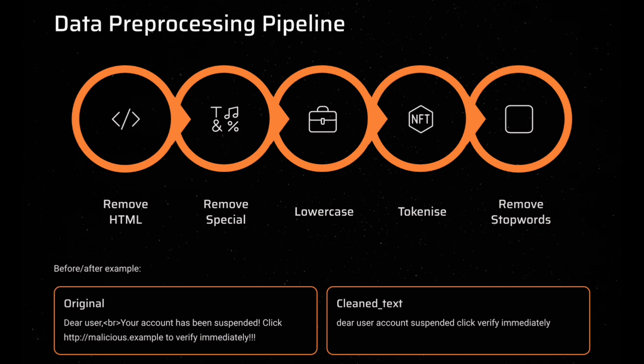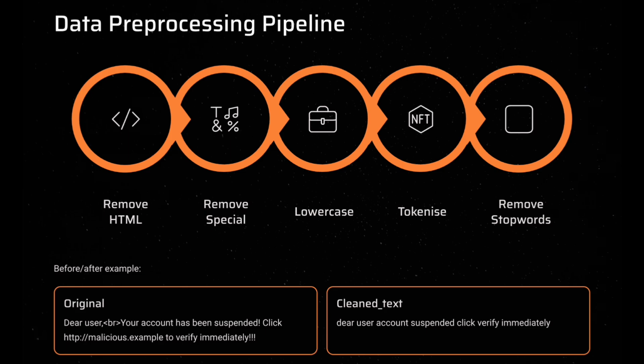It removes very common words that carry no meaning, words like the, is, and, which, because they appear in every email regardless of whether it's phishing or not. Finally, it reduces each word to its base form. So verifying, verified, and verification all become verify. This gives the system a clean, normalized representation of the email's content.